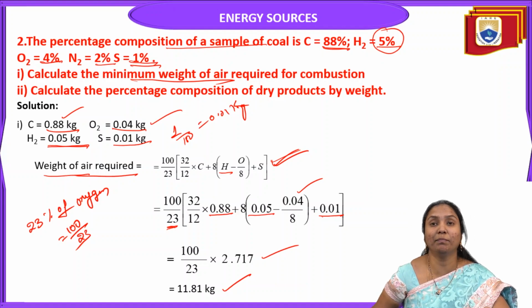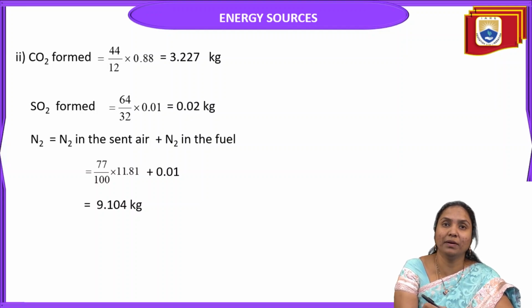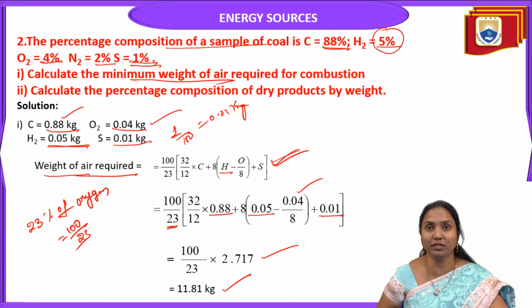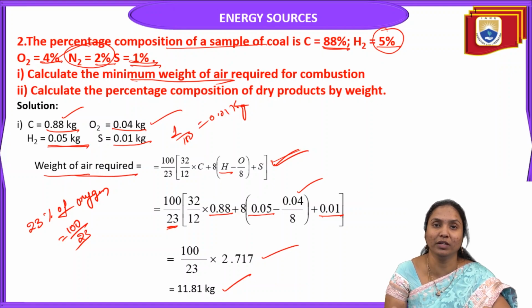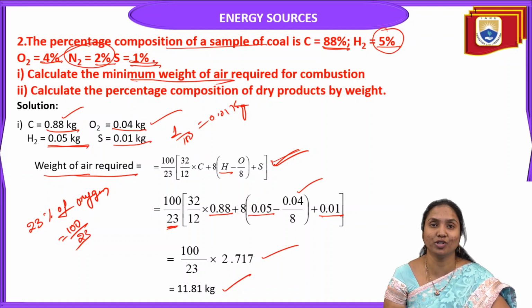Next we can calculate the percentage composition of dry products by weight. Here carbon reacts with oxygen and gives carbon dioxide. One more important thing: nitrogen percentage is also given in this problem, but we cannot consider it in calculating how much oxygen is required for complete combustion, because nitrogen doesn't require oxygen and does not participate in combustion.